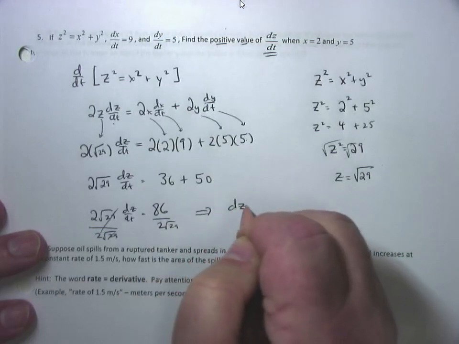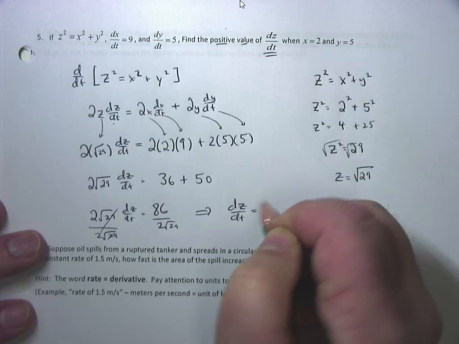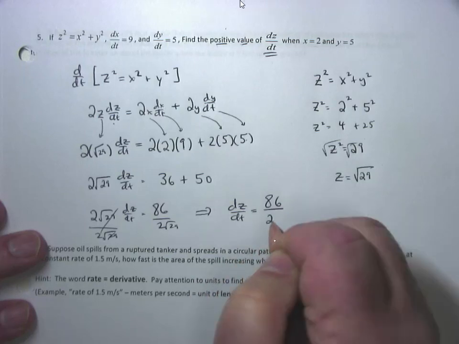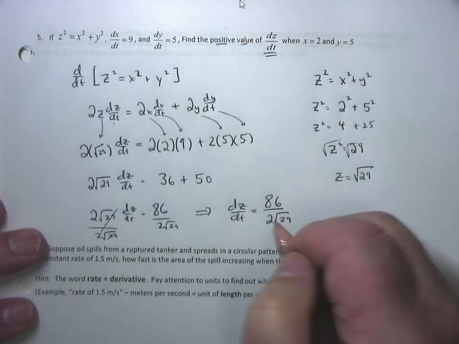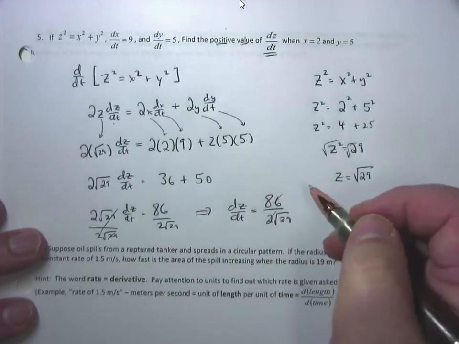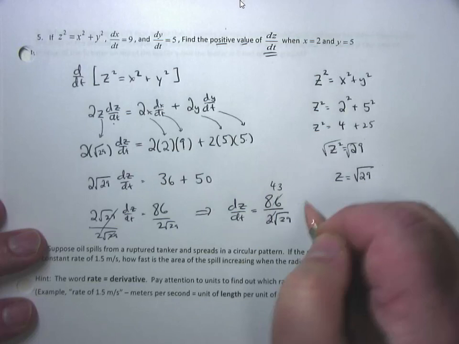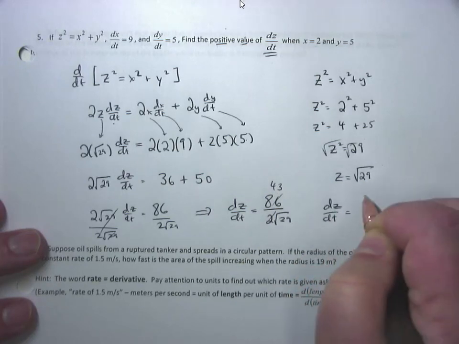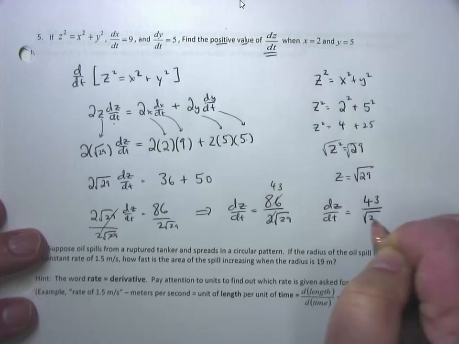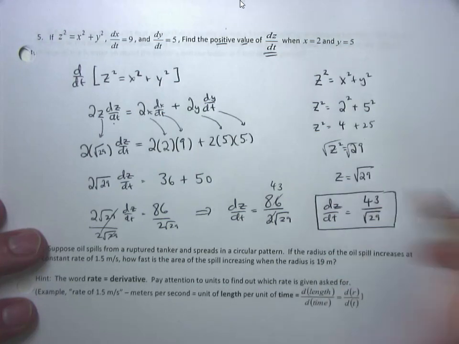And this gives me dz/dt is equal to 86 divided by 2 square roots of 29. 2 goes into 86, I can reduce that, 43 times. So I get the answer, dz/dt is equal to 43 divided by the square root of 29. There you go.